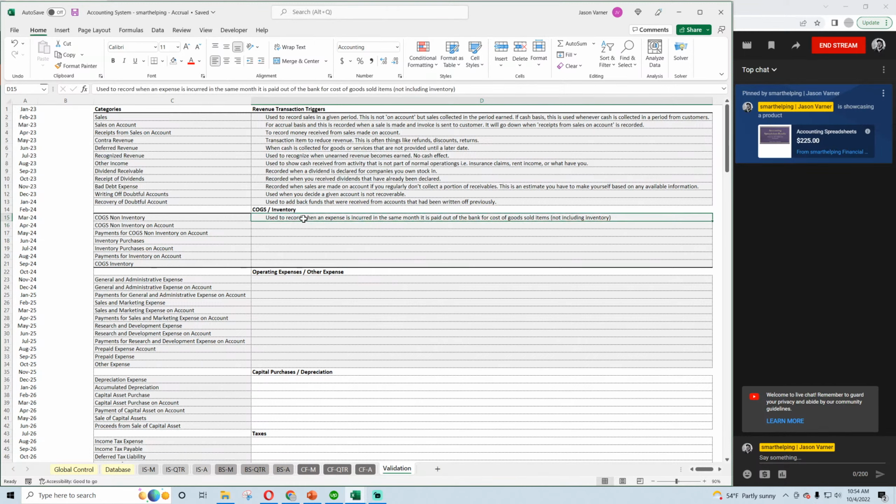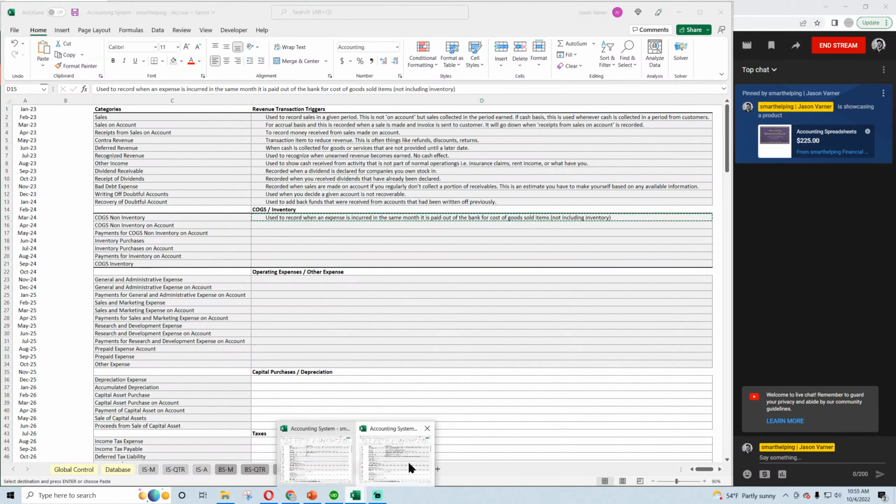Now, if it's an item that's on account and it's cost of goods sold, you're going to have to put it in G&A, S&M, or R&D, or as essentially a liability that you're going to have to pay. You'll have to use these two accounts, like G&A on account and then received on account. So we're not doing cost of goods sold with an account.